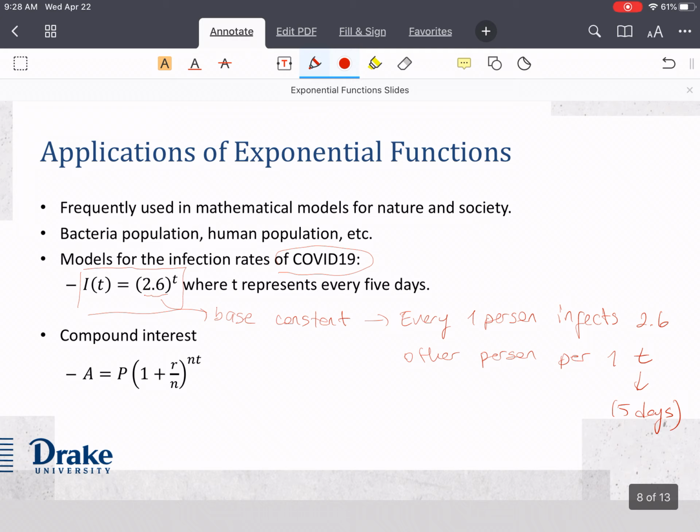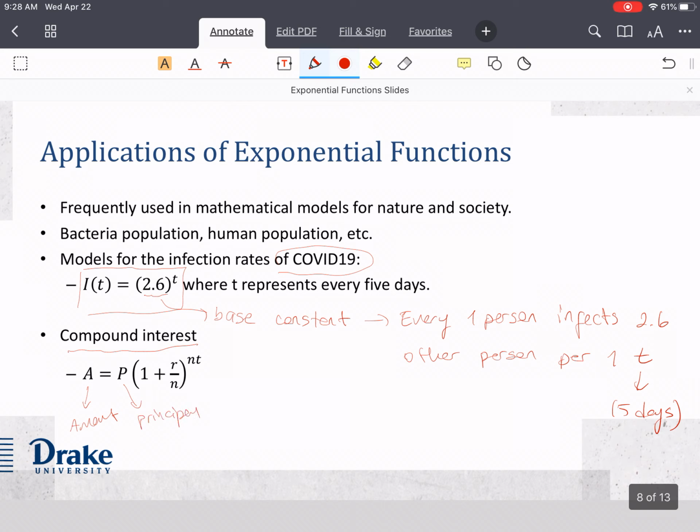One more example that I wanted to bring up is that compound interest is exponential. You may have seen this before. I'm not going to do an example on this, but I thought it would be an interesting example. If it's compound interest, you have some principal, like a down payment you put.